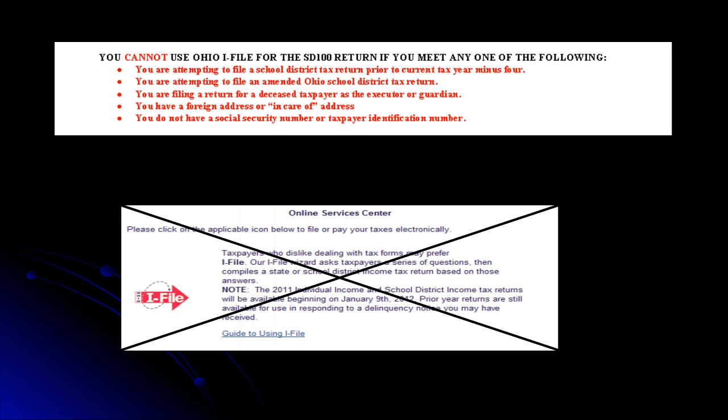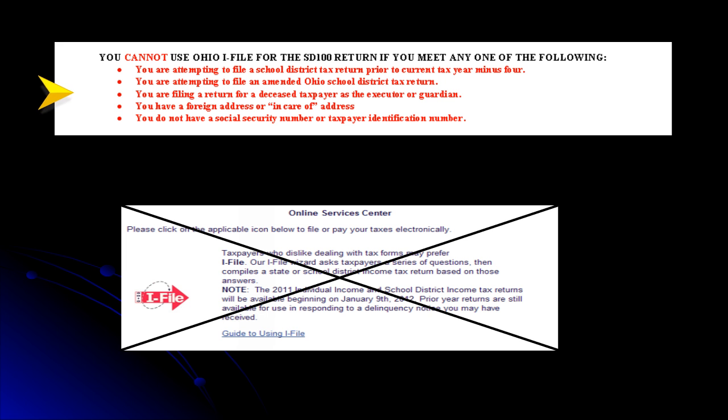While it is very convenient to iFile, the following 5 situations may prevent you from using iFile to submit your school district income tax return. 1. You are attempting to file a school district tax return prior to the current tax year minus 4. 2. You are attempting to file an amended Ohio school district tax return. 3.